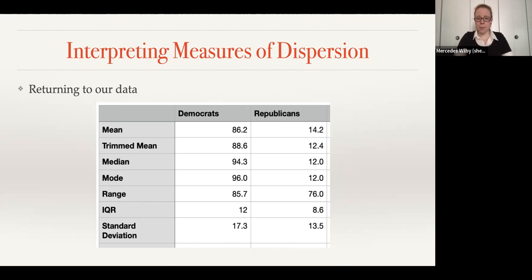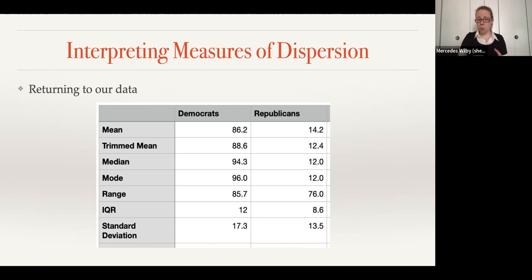Now, one big problem with the standard deviation is that it, like the mean, is sensitive to outliers, right? Because we are actually calculating the standard deviation using a square of the average distance from the mean. That means that if we have a couple weird values, a couple outliers, that's going to really pull things.